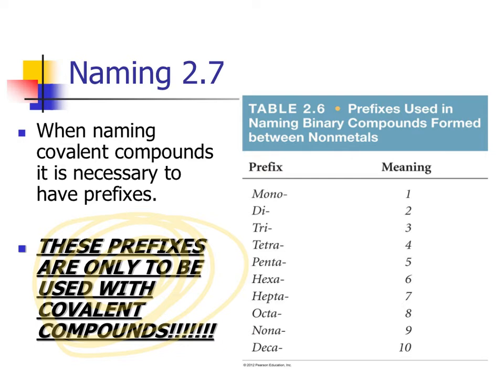The major thing is I've seen a lot of students over the years try to use this method for any and all naming. And it's quite stressful on all the parties involved because the student doesn't get to progress, and the teacher keeps trying to remind students that we only use these prefixes with covalent compounds.